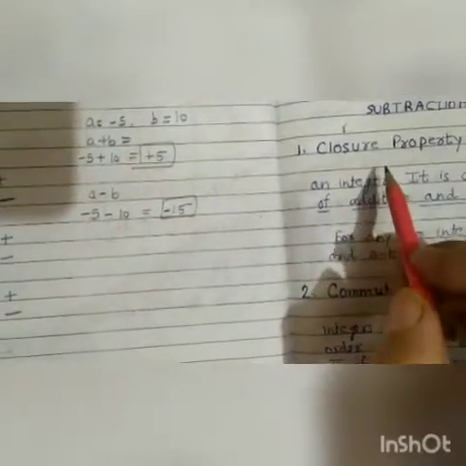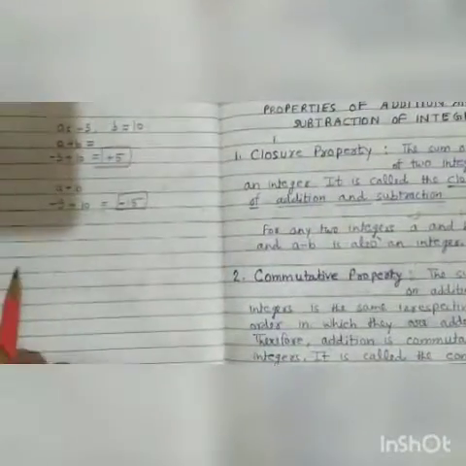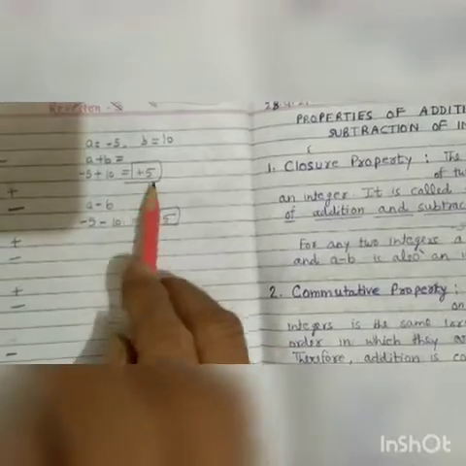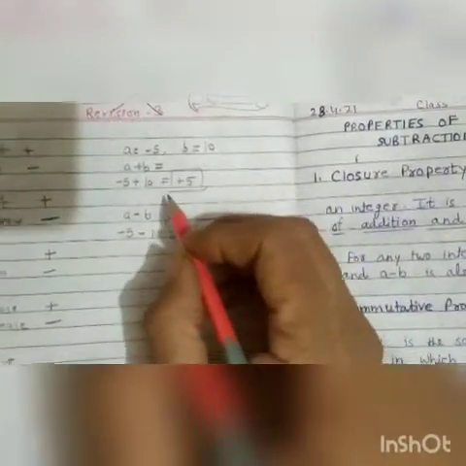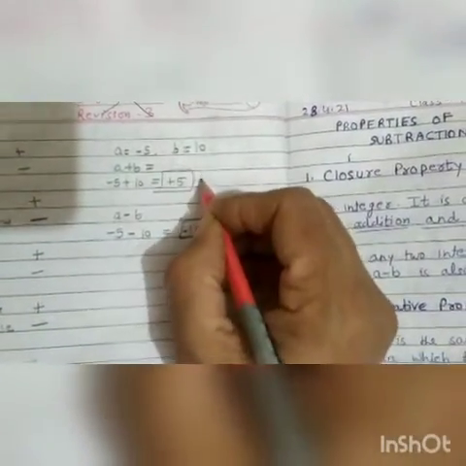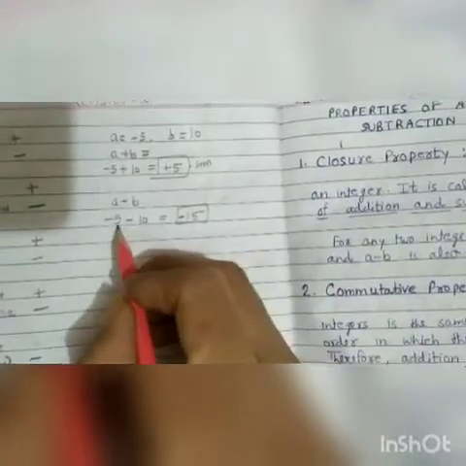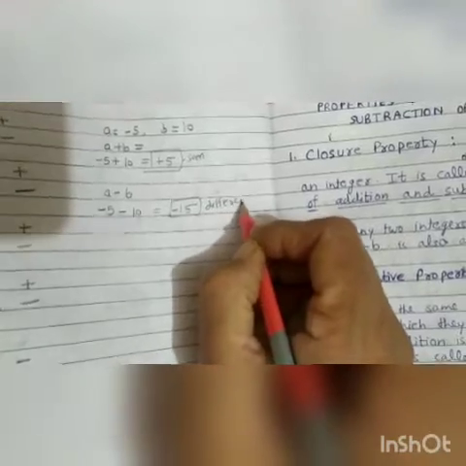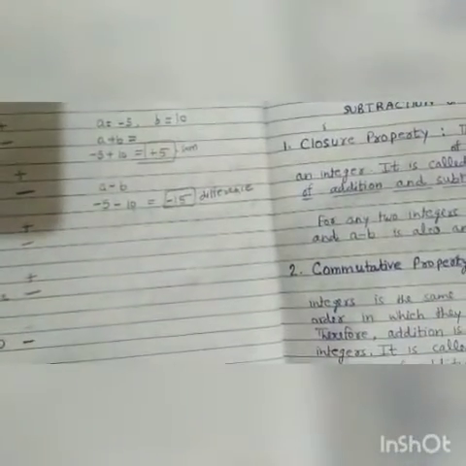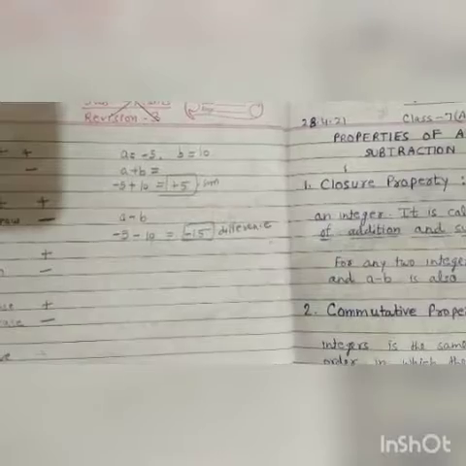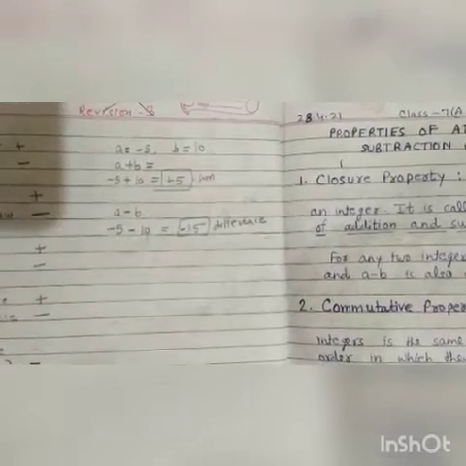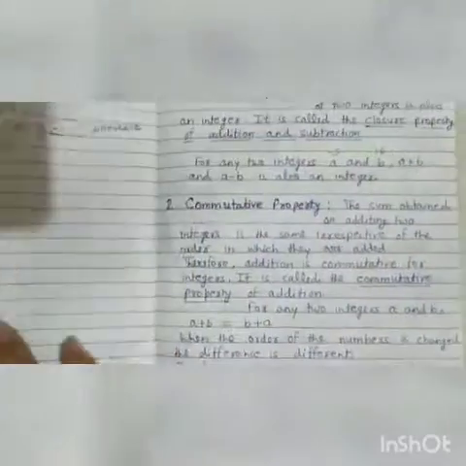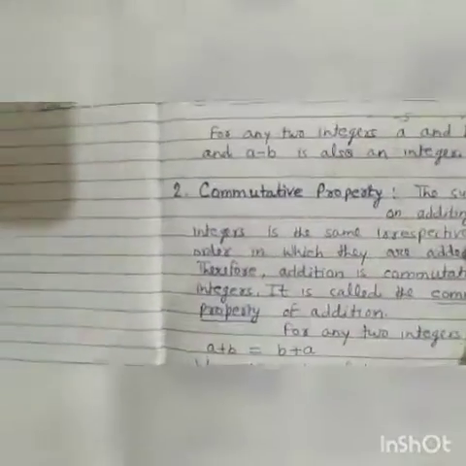So according to closure property, when we add two integers, the answer is known as sum, and when we subtract two integers, the answer is known as difference. Their sum or difference is also an integer. This is the closure property.